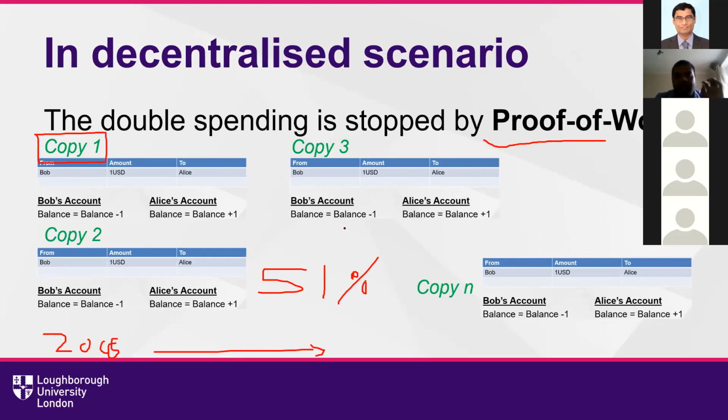Now you can believe why Bitcoin is secure: the transaction is recorded in millions of places. If somebody wants to manipulate everything, they need to change more than half of the records, so it is not possible. That's why it is secure.